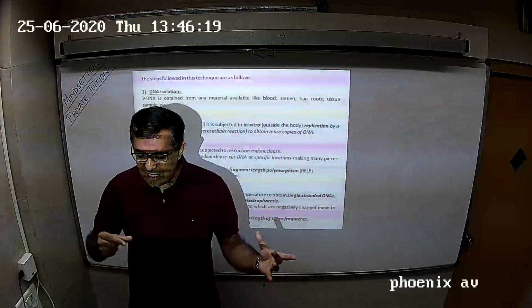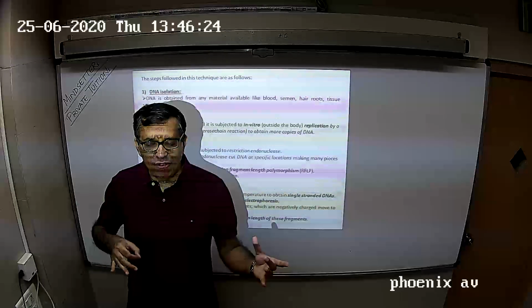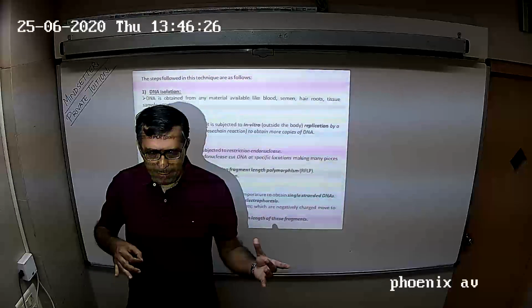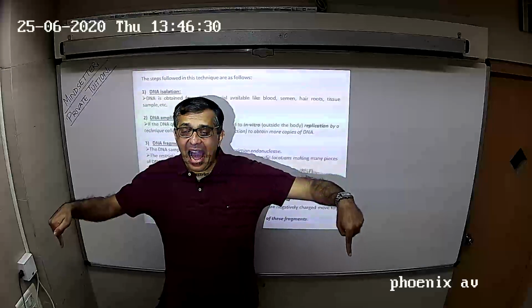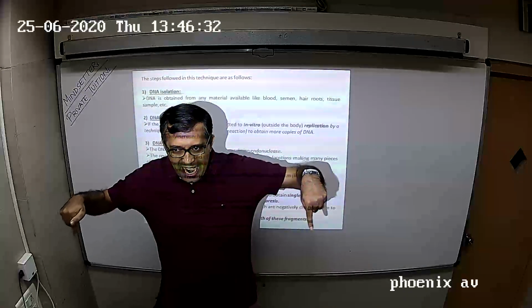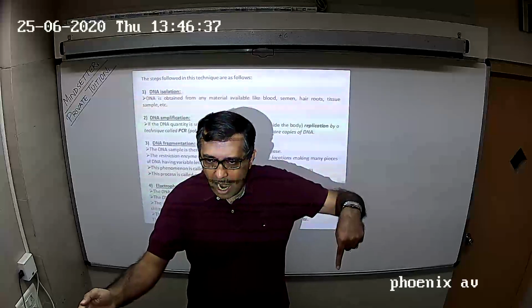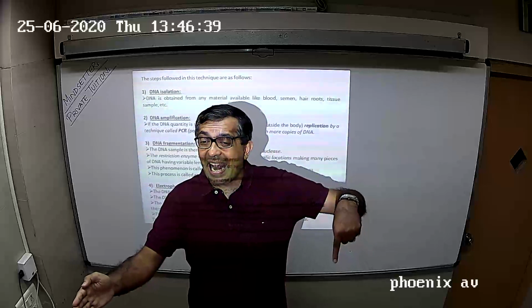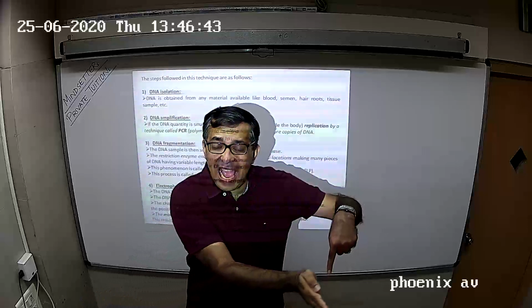There are wells और wells के अंदर we put DNAs of different lengths, restriction fragment length, and we place a cathode here and an anode here, and we create an electric field. We charge it. DNAs will start going from the negatively charged cathode towards the positively charged anode.